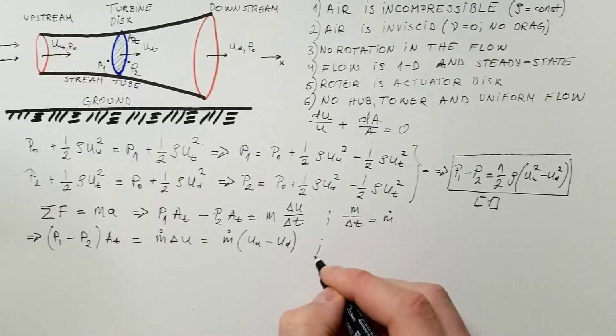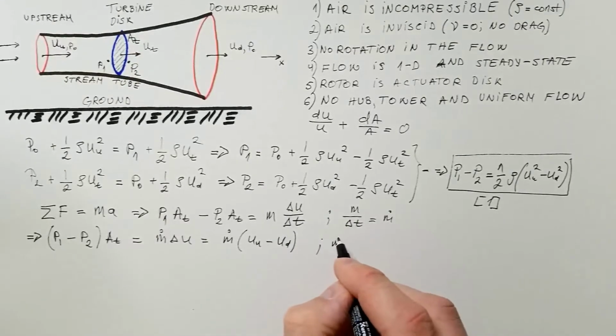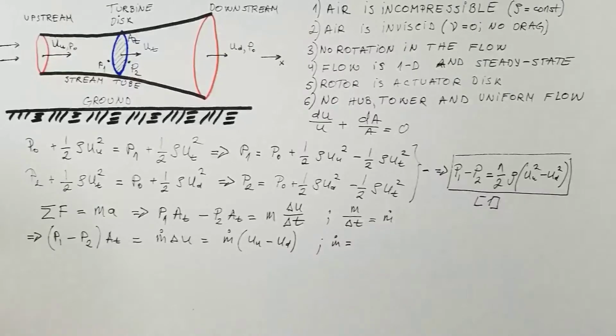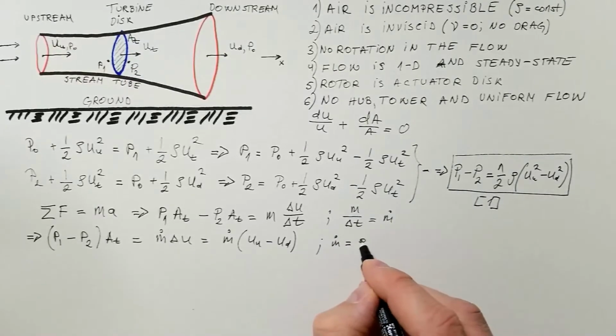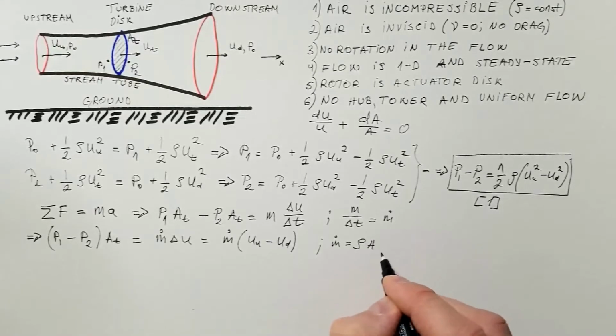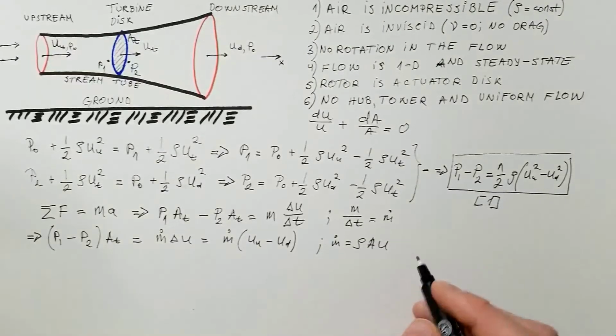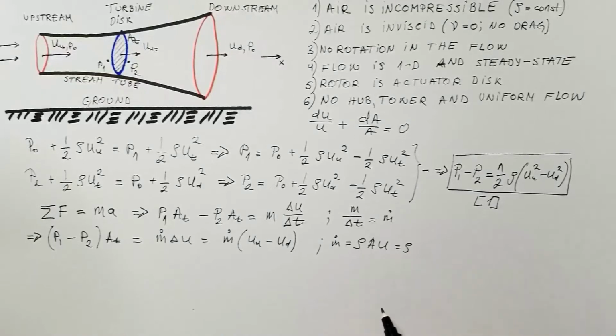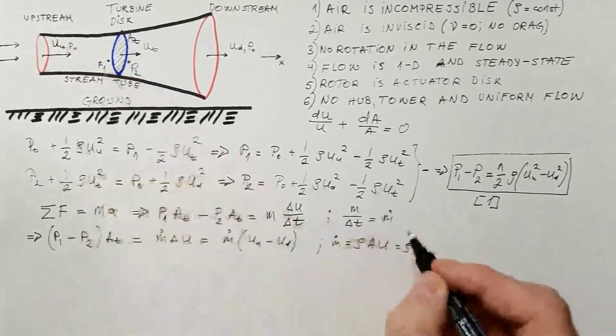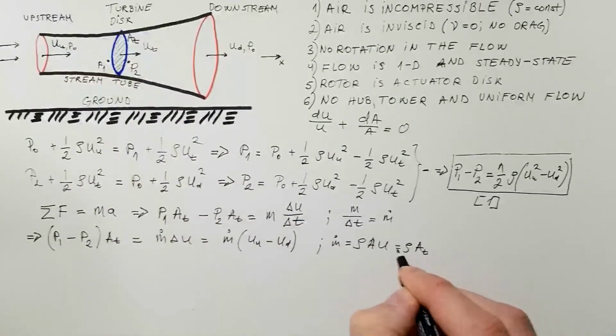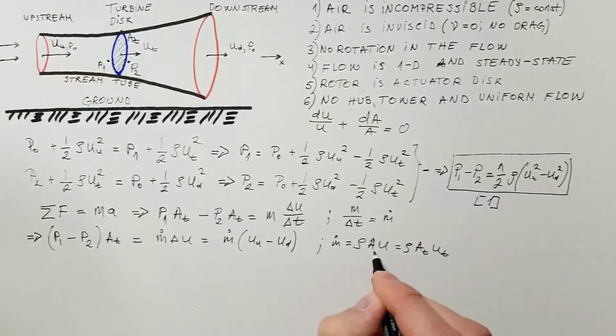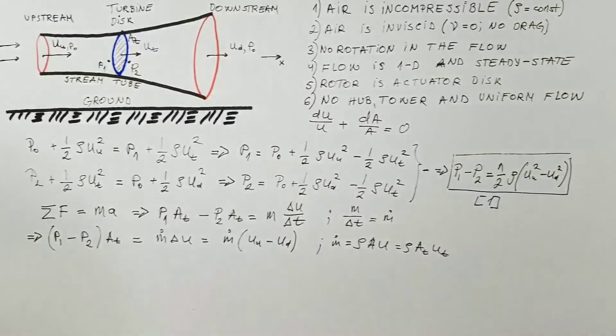Now let's further examine what m dot, the mass flow rate, is. Well, we know from my video on the mass continuity equation in differential form that it is rho A U. And in this case, that is rho A, I take A turbine, U turbine. This is a generic expression, and here I am applying it to my problem.